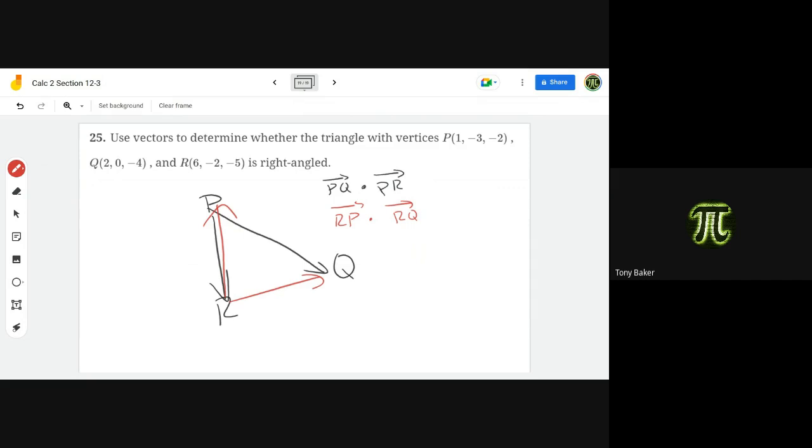And if you're just going to do one vector, you might not find the one that was right. So there's three angles that we have to look at. We also can look at that one. So we have QP times QR. So you have three different dot products that we have to do.